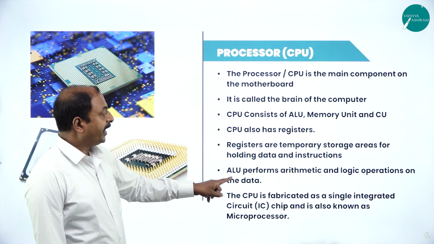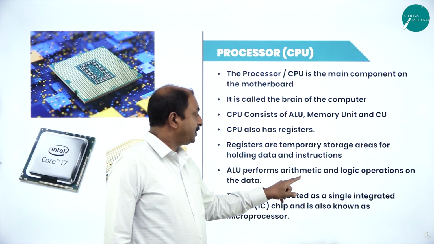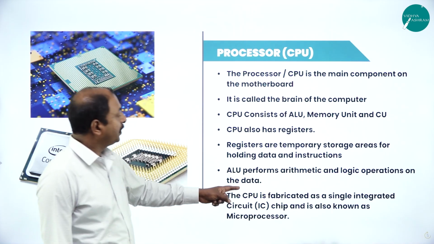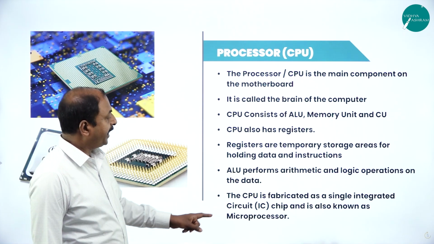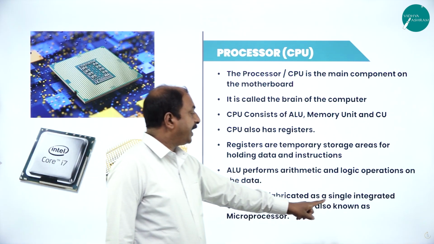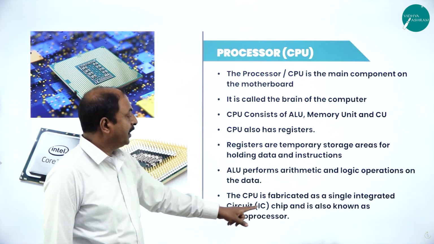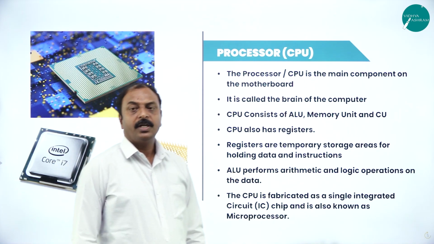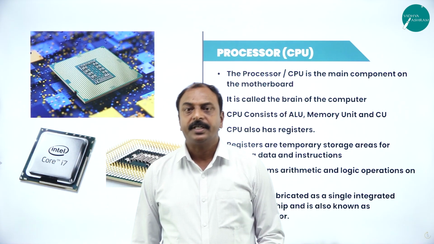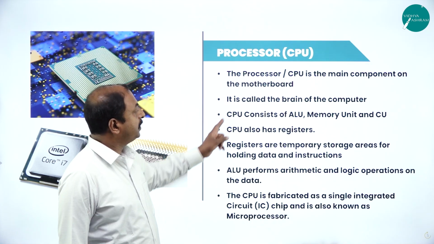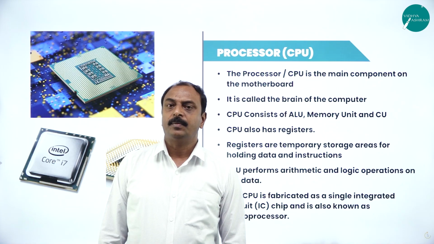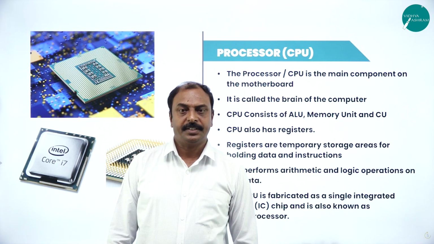Next, ALU, as you know, performs arithmetic and logical operations on the data provided. Next, CPU is fabricated as a single integrated circuit, that is an IC chip, and is known as microprocessor. What is a microprocessor? It is a single chip and all these components are mounted inside that as a single microprocessor, single integrated circuit.